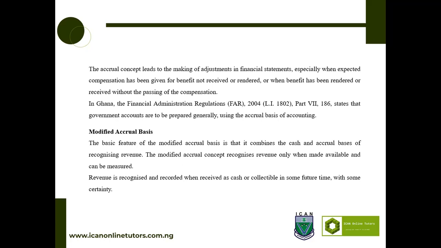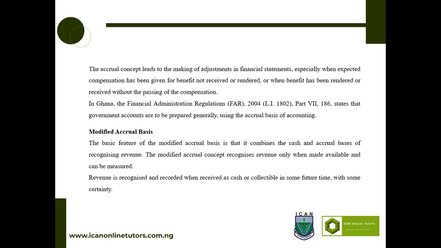We have the modified accrual basis. The basic feature of this modified accrual basis is that it combines the cash and accrual basis of recognizing revenue. What does it mean? The modified accrual concept recognizes revenue only when made available and can be measured.